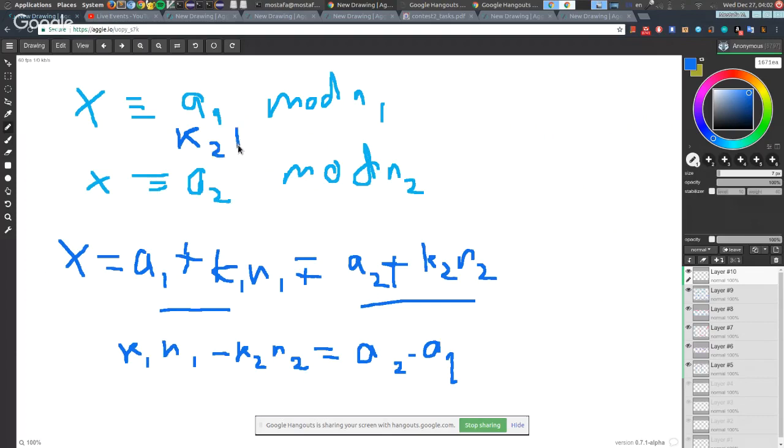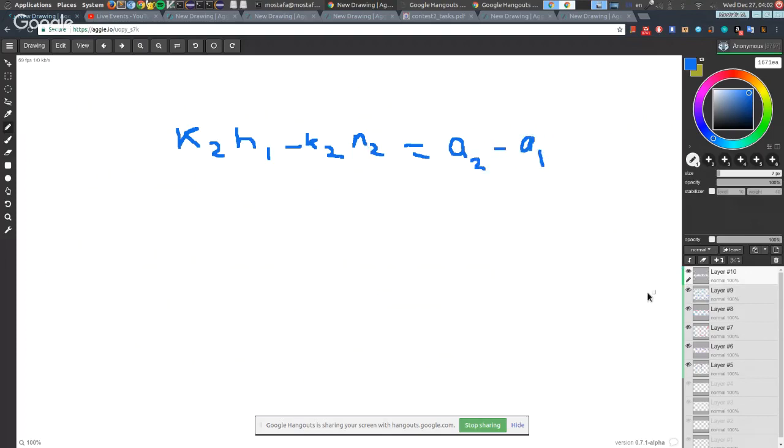I'll just copy this part here. This is what we have so far from the equations.